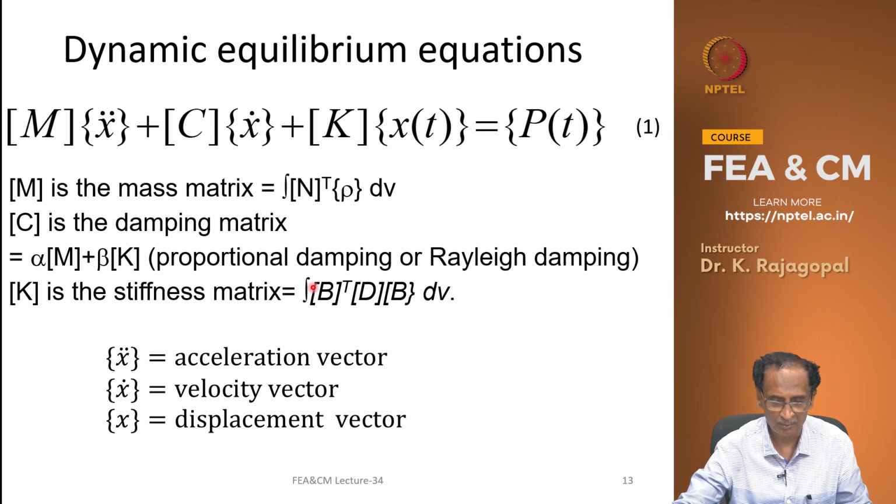And K is the stiffness matrix, the usual stiffness matrix, that is integral of B transpose D B dV, and in here x double dot is the acceleration, x dot is the velocity, and x is the displacement.